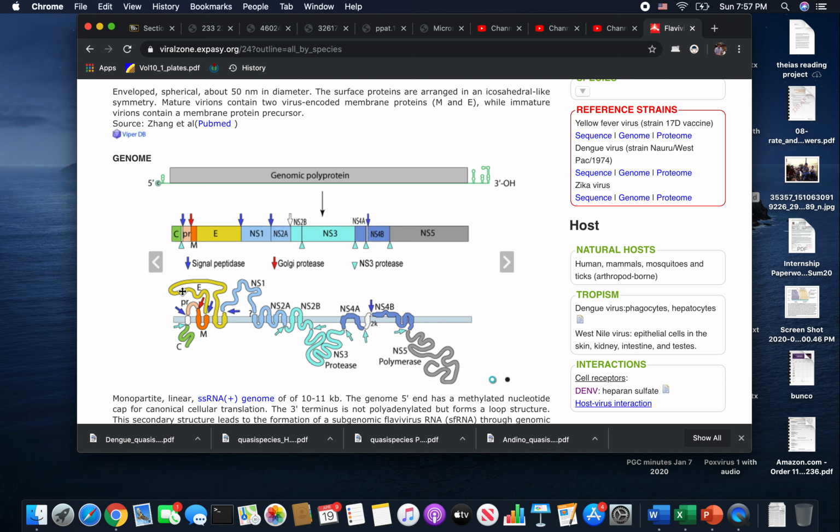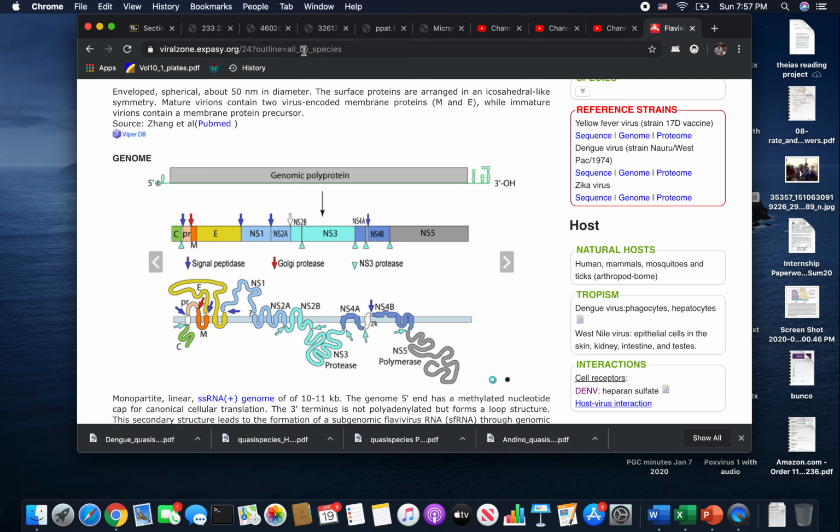You could make maybe this much of it, and then you would stop, which would mean you wouldn't make the NS3 protease that cuts here and all these other places. You wouldn't make NS4, which is involved in anchoring the replication complex, and you wouldn't make NS5, which is the polymerase. So you would basically not have a virus if you stopped there.